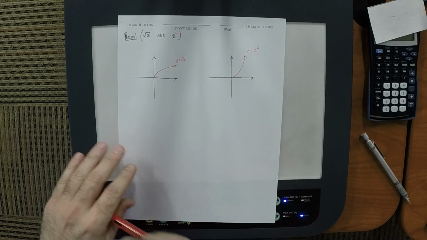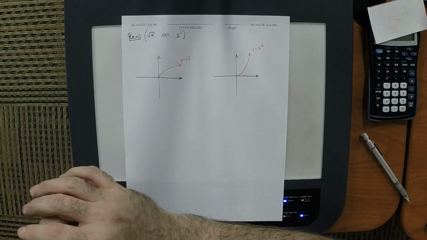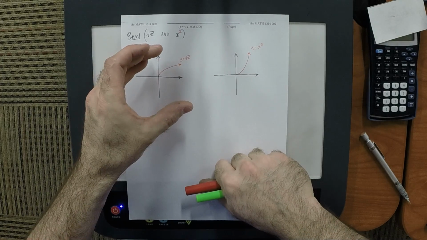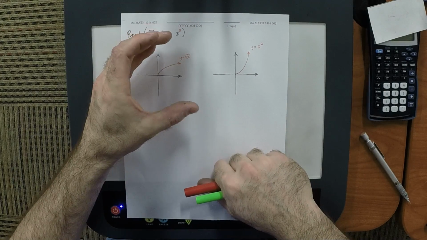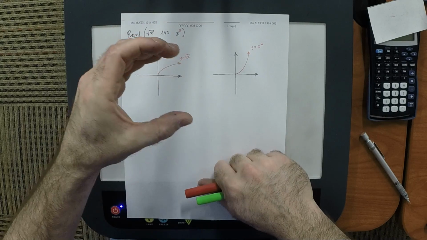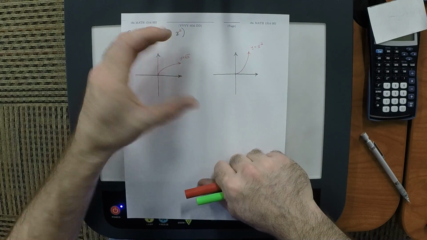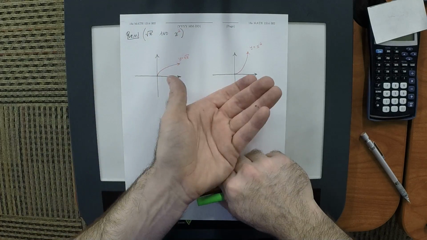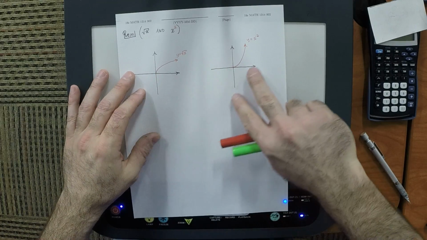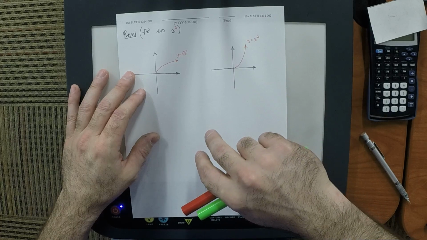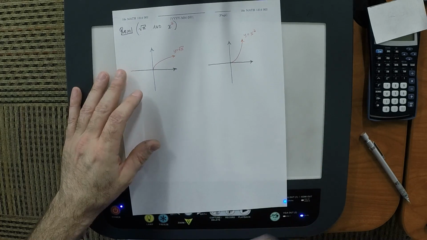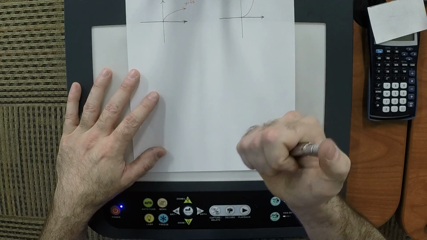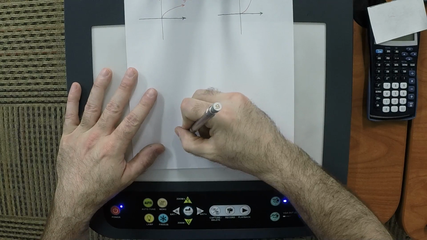But before I plot the left side, I want to ask the question, is it possible to take the square root function, imagine that we could pick it up and do what we want with it. Is it possible to pick it up and set it to where this red will line up with that red, will match it exactly? Yeah, that is possible because, for example, I can illustrate it right here.